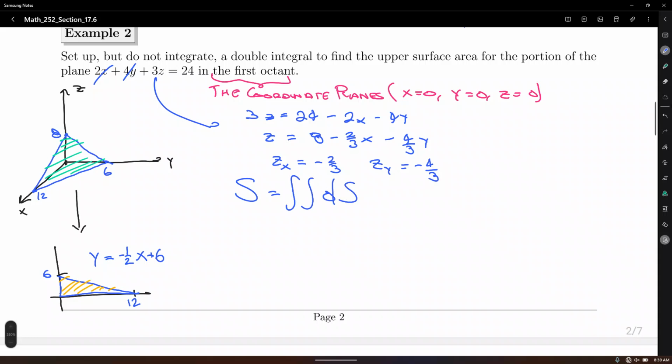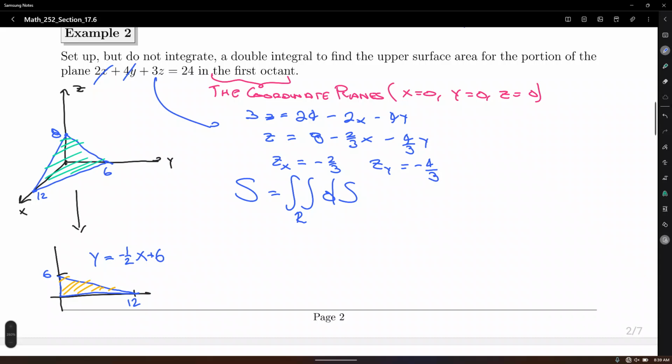A double integral containing a dS with a 1 in the integrand represents surface area. If you see a surface integral with something other than a 1 in the integrand, that's what we're going to see in a few more minutes.